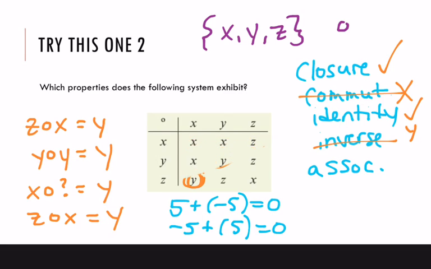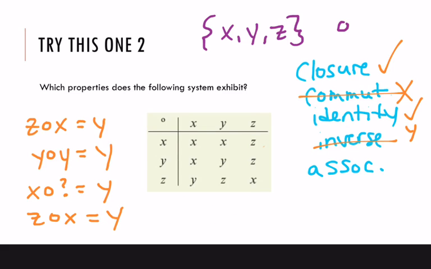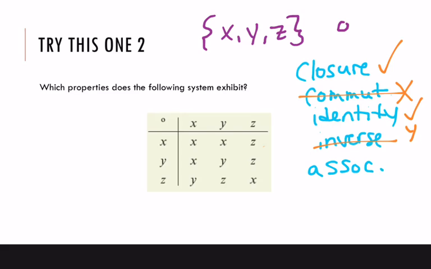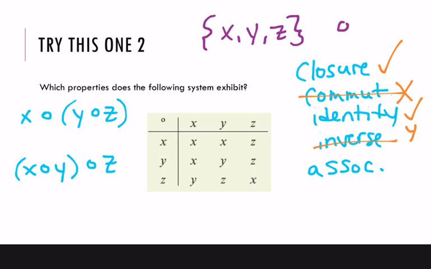Associative. All right. Now, it could still be associative even if it's not commutative because we're switching the order or the grouping, so the order in which the operation is done, but we're not switching the elements themselves. All right, so try it out. Let's do x circle y circle z, and then we'll try x circle y first, and then circle that with z.